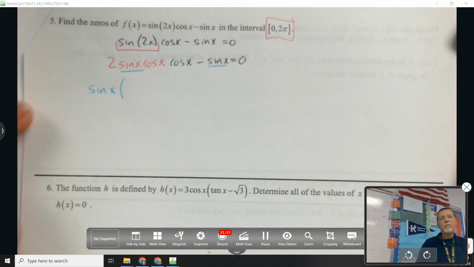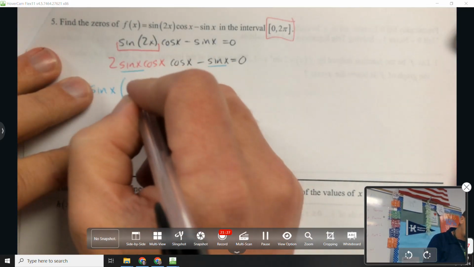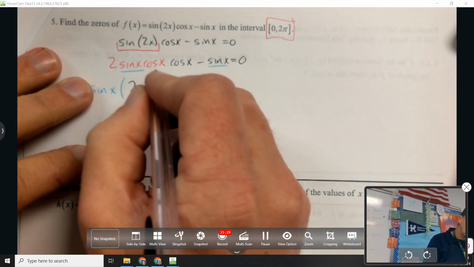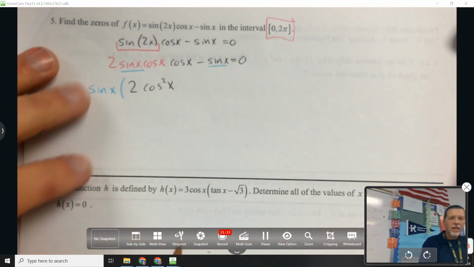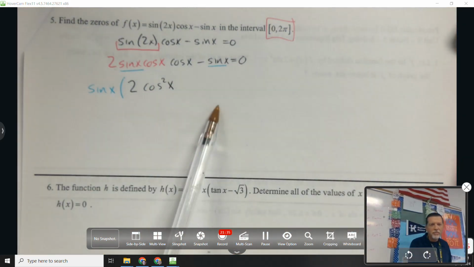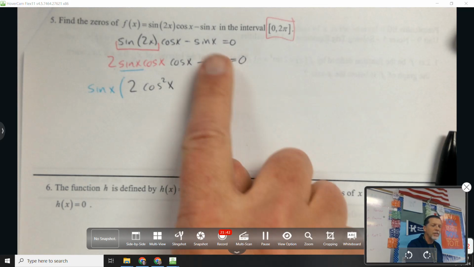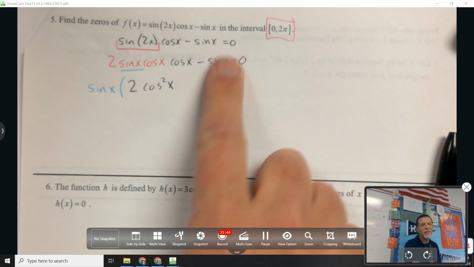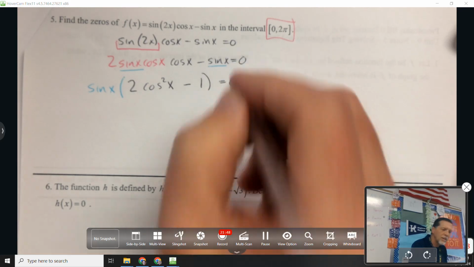Maybe not all of them. I could take a sine from both of those. That would leave 2 cosine squared, and one of my all-time favorite algebra mistakes, minus 1. Some people are like, oh no, I took the sine, so it's gone. You're like, well, if you want to distribute it back, you need that 1 in there to hold its spot.